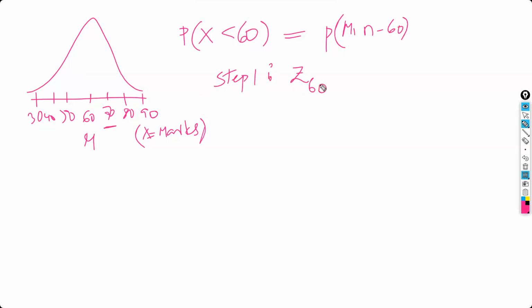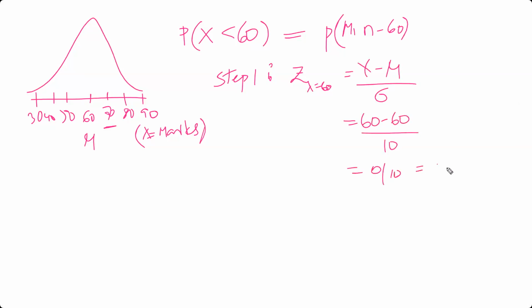So for x equal to 60, what is the z value? It is x minus mu divided by sigma. The x value is 60, mu is 60, divided by sigma, 10, which is 0 by 10, which is 0. This is the first step.